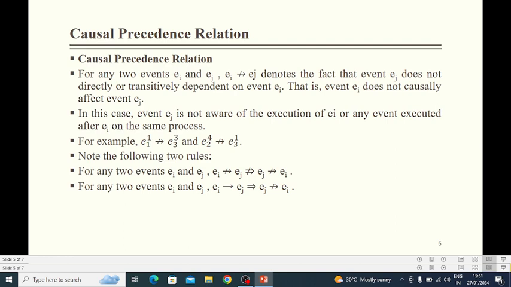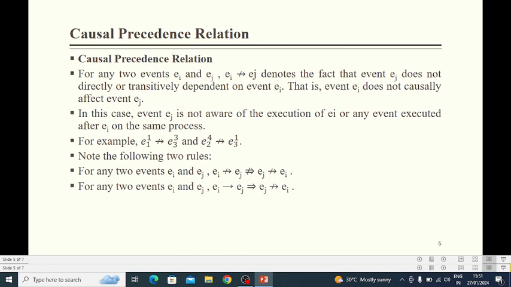For any two events Ei and Ej, Ei not happening before Ej does not imply causal dependency between Ei and Ej. This symbol denotes the fact that Ej does not directly or transitively depend on event Ei.